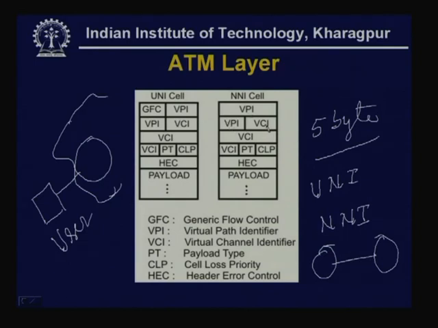And VCI is 16 bits for both cases. Then the payload type has 3 bits. The payload type specifies what kind of payload a particular cell is carrying.